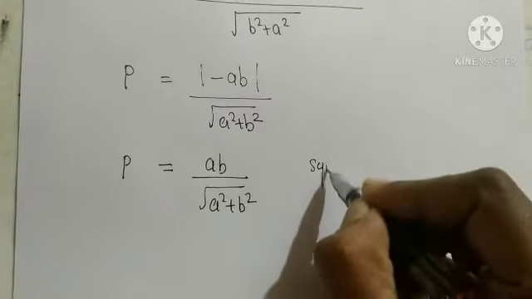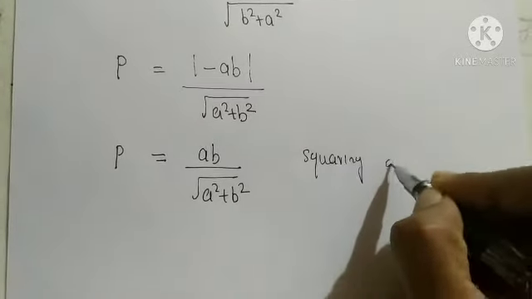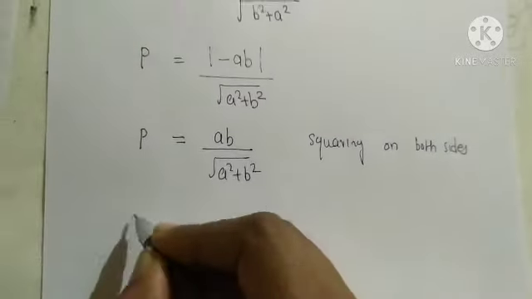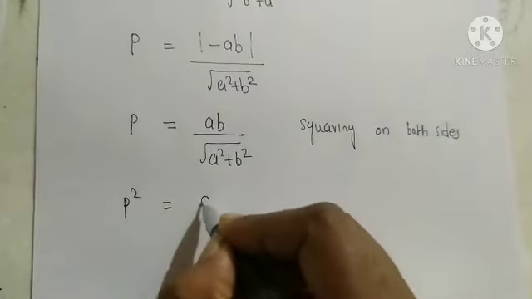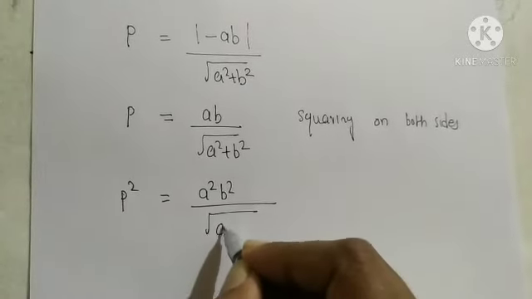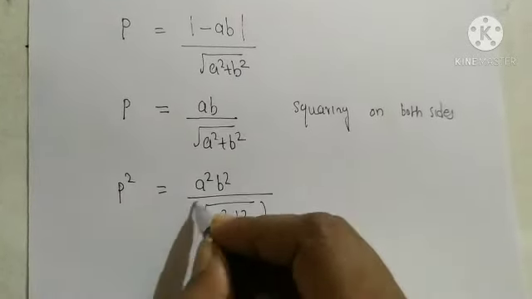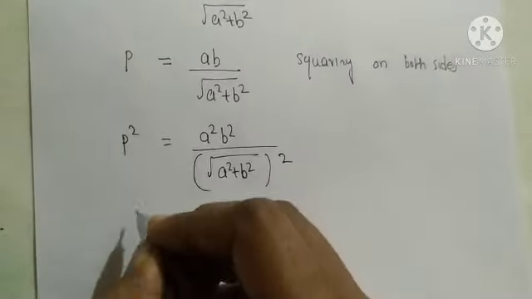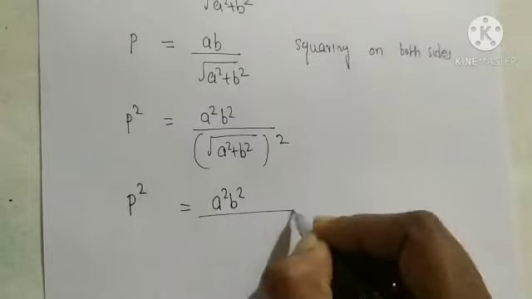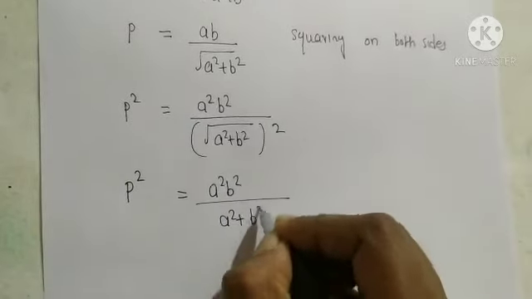Next I am going to square on both sides. We get P square is equal to a square b square divided by root of a square plus b square whole square. And it will become P square equal to a square b square by a square plus b square.